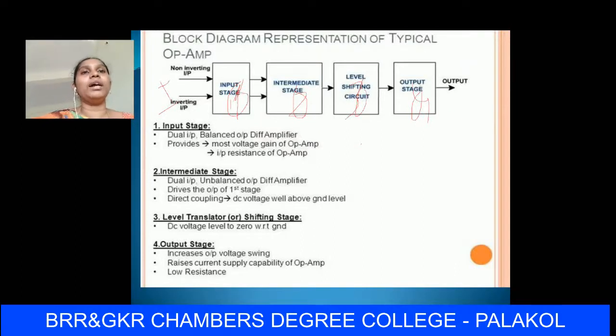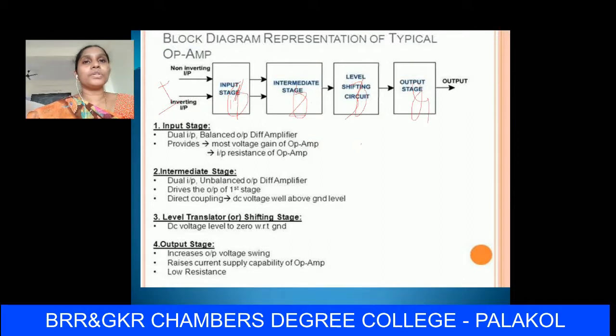Next coming to the third stage, that is the level translator or level shifting stage. Whatever DC level is added in the second stage, that DC level is removed in the level shifter stage. That means it will shift the voltage from the DC level to the 0 level. And next comes the last stage, that is the output stage.